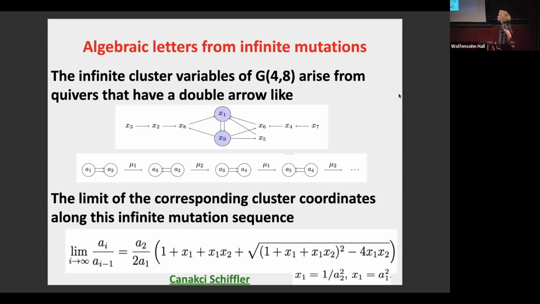these infinite sequences. However, if you take a limit corresponding to cluster coordinates along this infinite mutation sequence, I'm not sure if that's the correct reference, but that's what physicists cite. In this limit, you can exactly produce those square roots. So that's one way of getting the square roots.